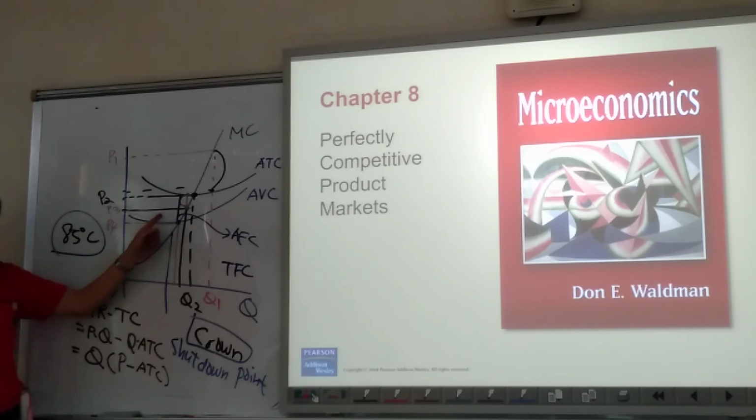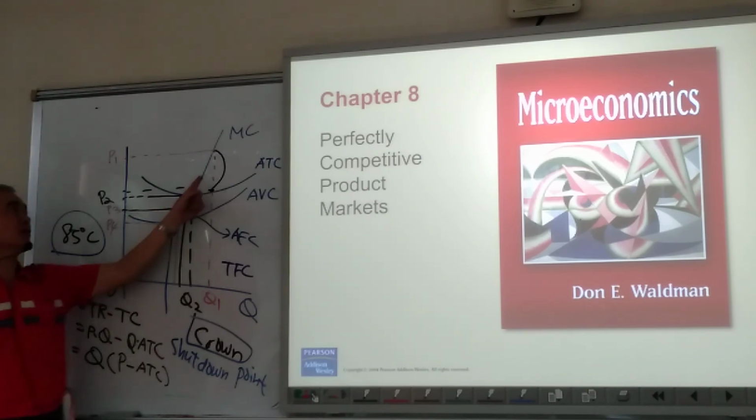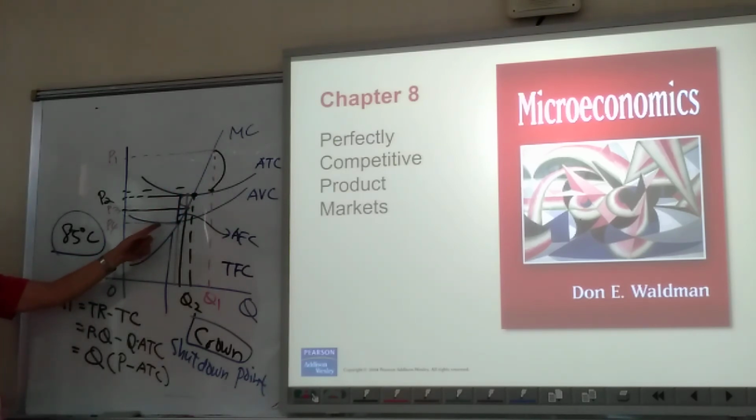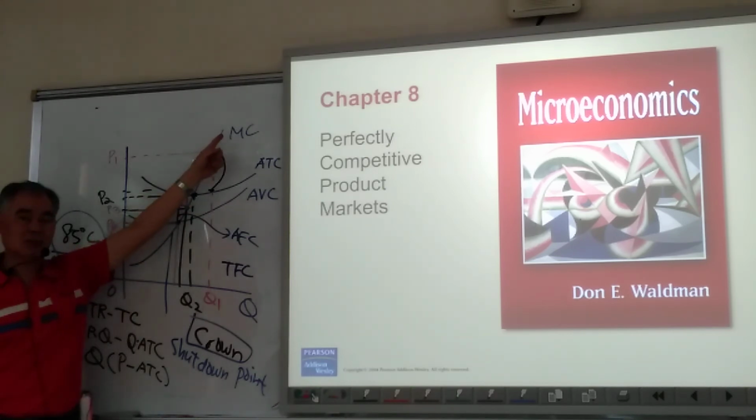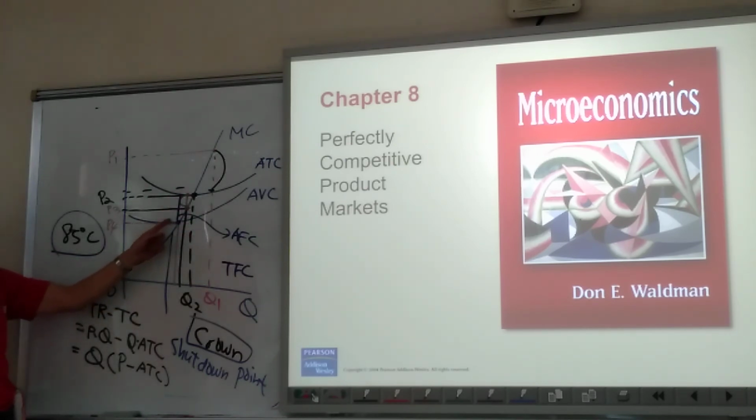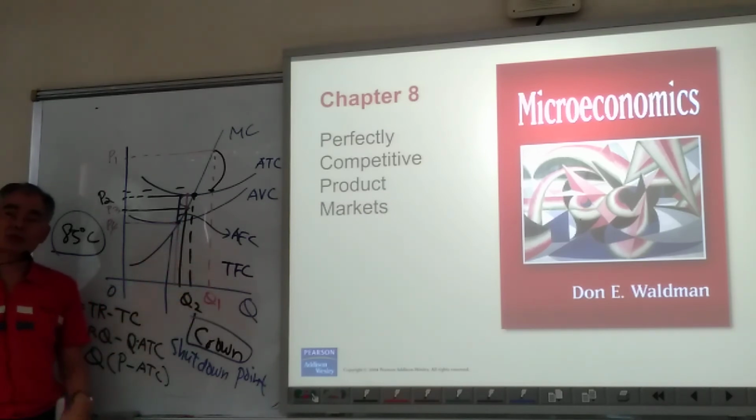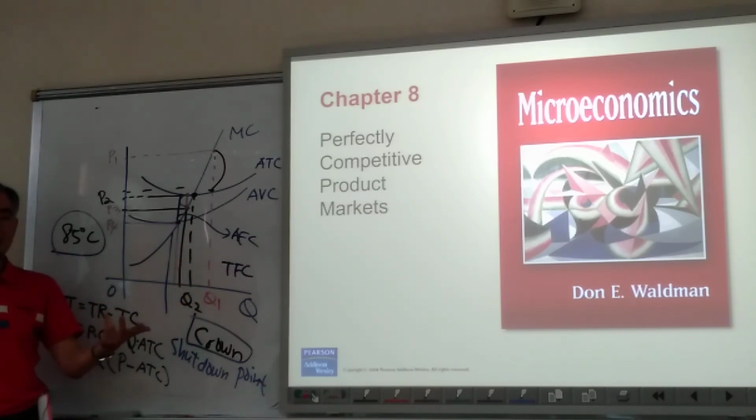So the short run supply curve is the section of the MC curve above the intersection of MC and AVC, so that's the minimum of AVC. And at this point, the loss will be equal to total fixed cost. So it's the same thing whether you operate or not, okay? If you do or you don't, that is the same.